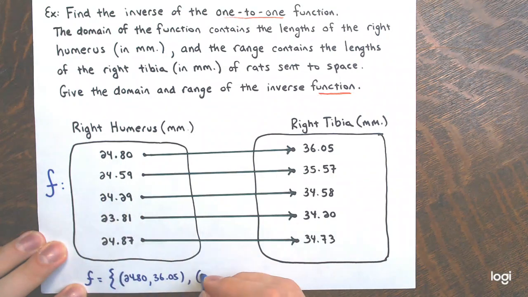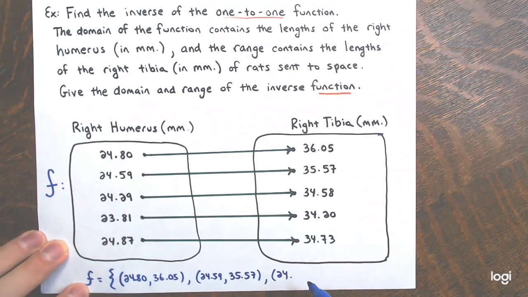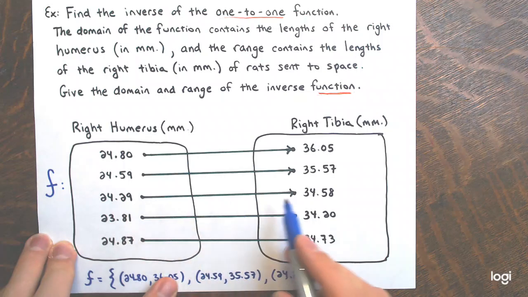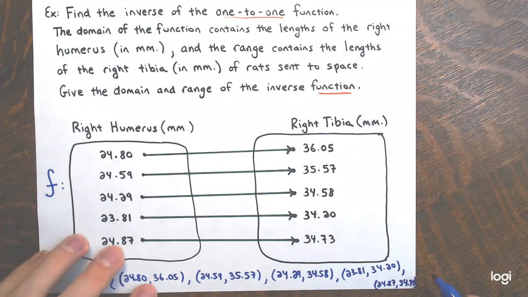Then 24.59 corresponds to 35.57. 24.29 corresponds to 34.58. 23.81 corresponds to 34.20, and the 5th ordered pair, 24.87 corresponds to 34.73, and then close the set.